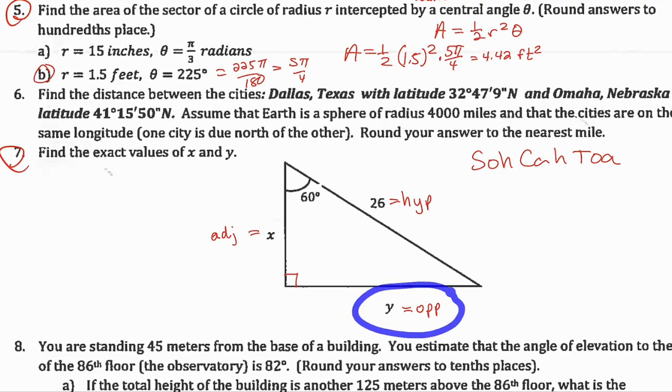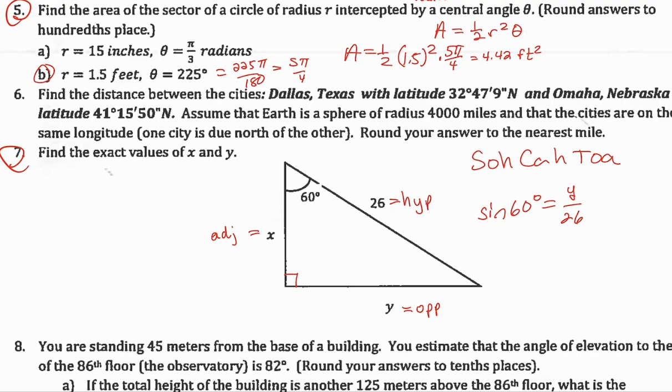To solve for y, since that's our opposite and we know our hypotenuse, that forces us to use the sine. I know that the sine of 60 degrees is opposite over hypotenuse. Now, if it wasn't a unit circle value, you would put this in your calculator at this point. You kind of can, but you kind of can't. You got to be careful.